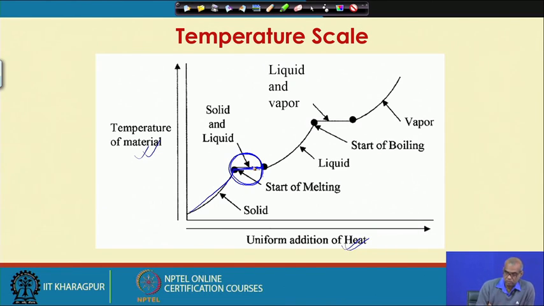So, if I take a pure metal and supply heat to it, and when the metal starts melting, I will have a solid liquid mixture with constant temperature.